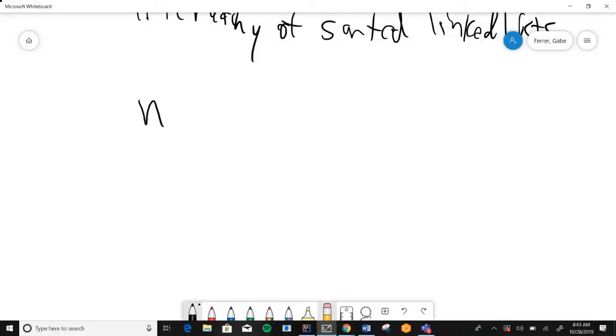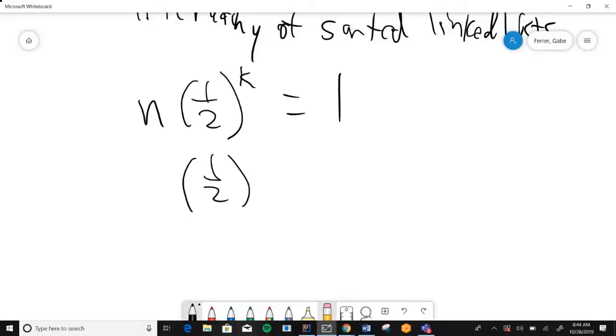Turning that around, conversely, at what level do I expect to have only one element on average? So if I take n and I divide it by a half, k times to get a level with one element, I know this math is going to be really familiar.